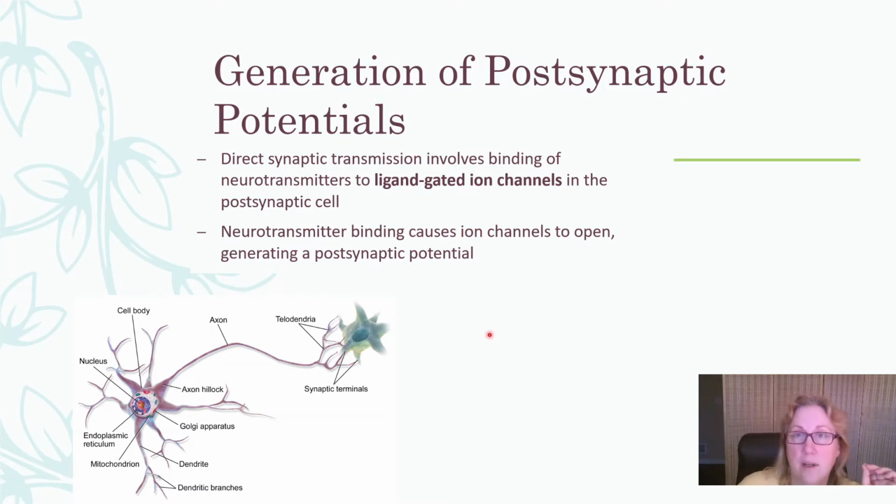So the postsynaptic potential is going to be changed by how many of these synapses are releasing neurotransmitters. So remember that each neuron is going to have multiple connections to its dendrites, and a single signal from one synapse is probably not going to be enough to trigger an action potential.